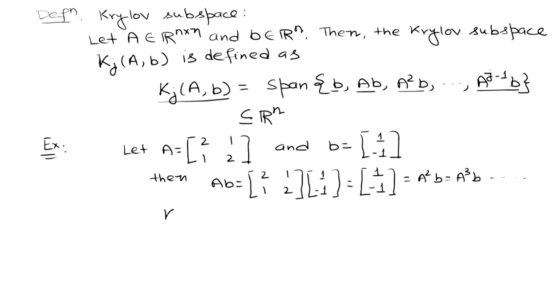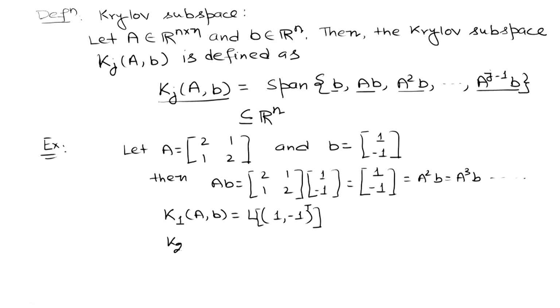So here, for the Krylov subspaces, K_1(A,B) will be the linear span, let me denote this linear span by L, of [1, -1] transpose.